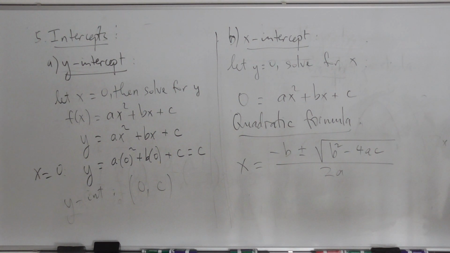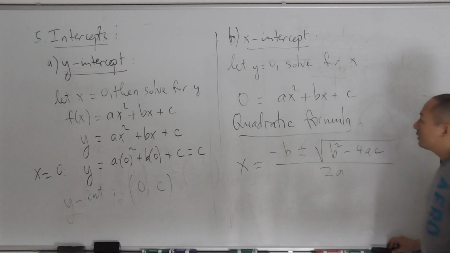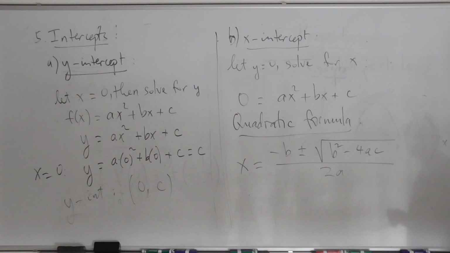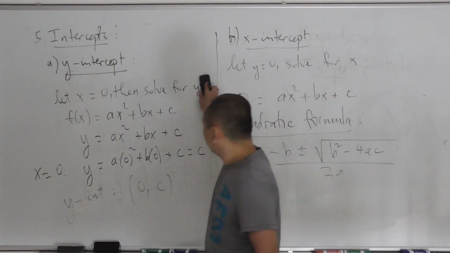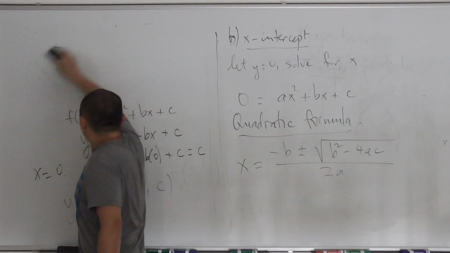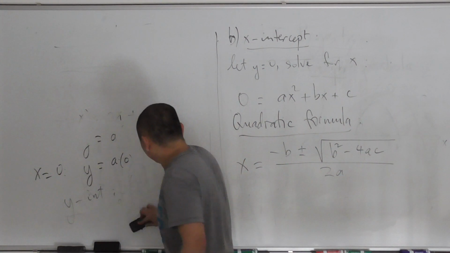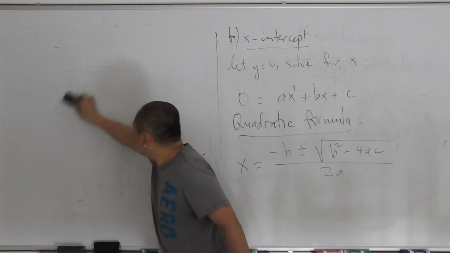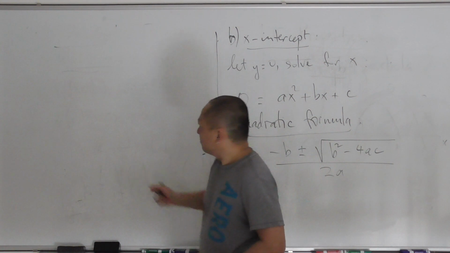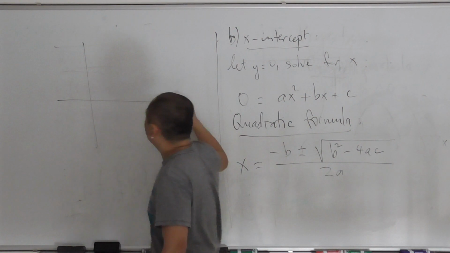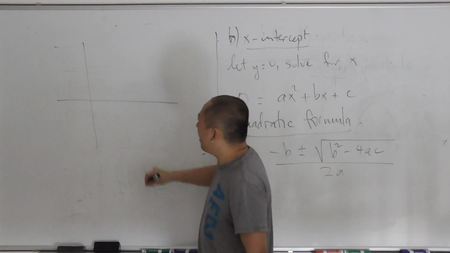Question: how many intercepts may we have with the quadratic equation or quadratic function? Let's start with the y-intercept. It doesn't matter if it's an upward or downward parabola.